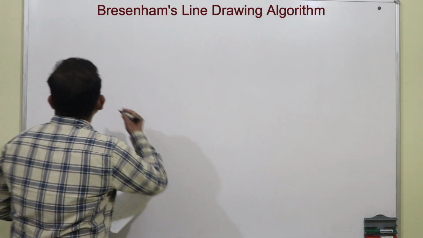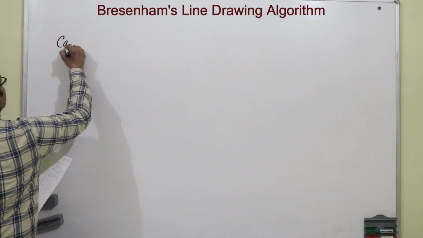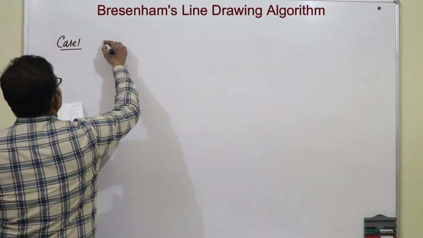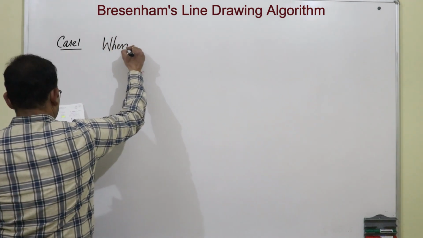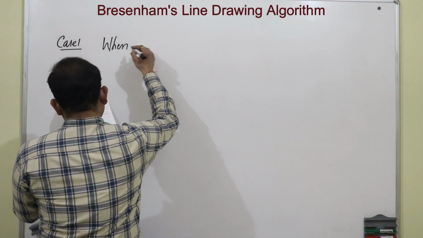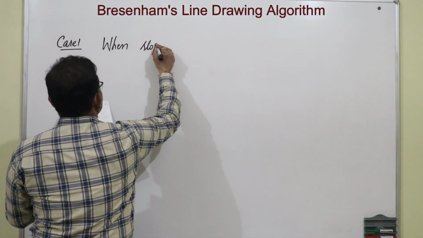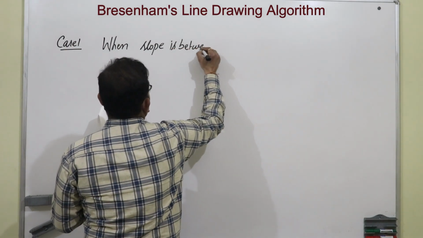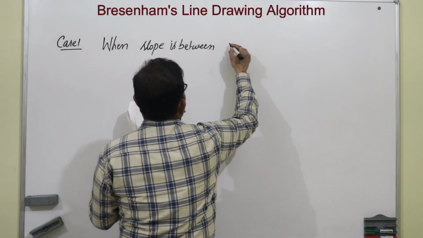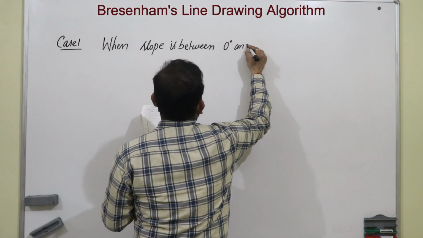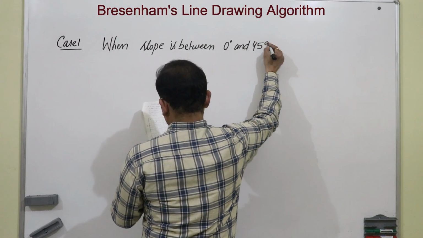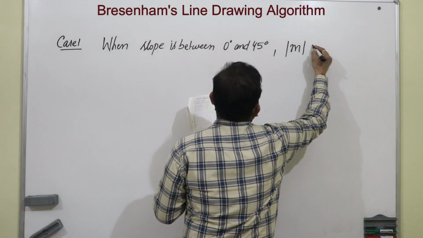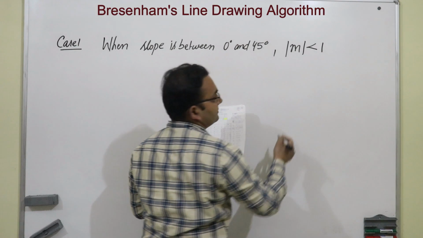Case 1, when slope is between 0 degree and 45 degree, mod m less than 1.